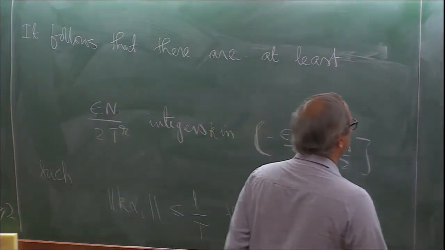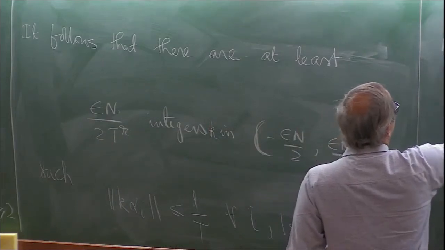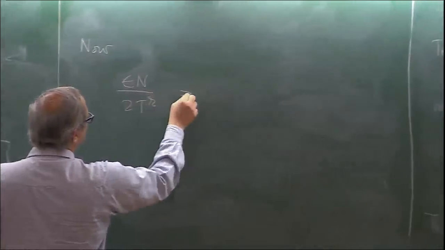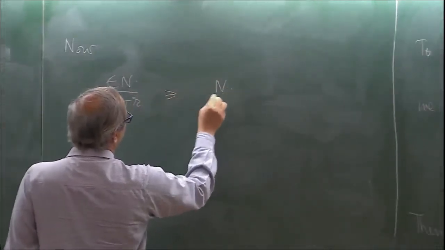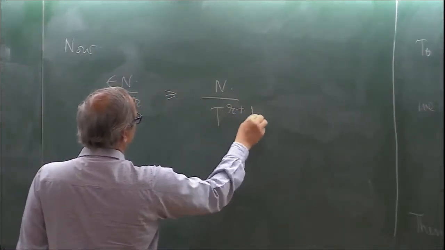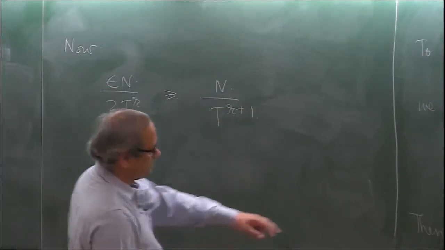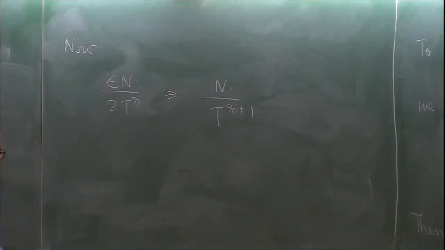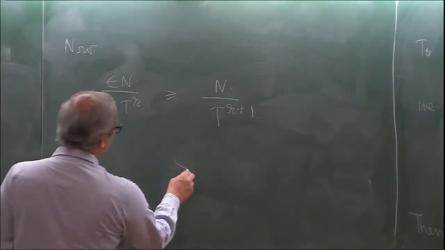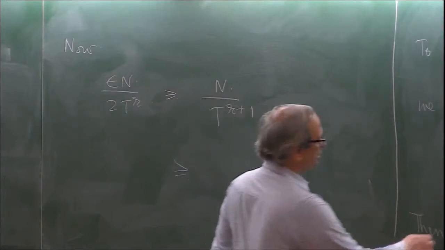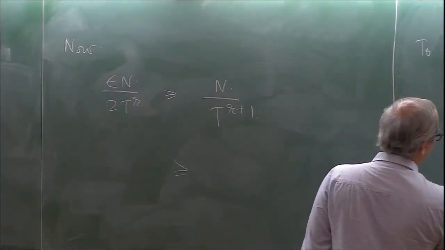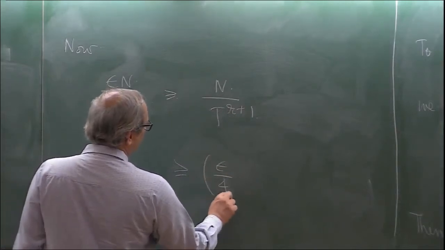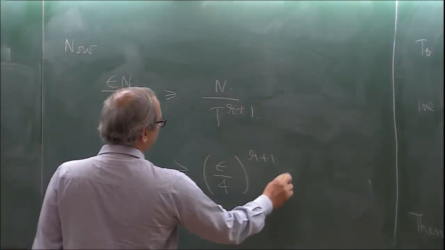So here you see that epsilon n by 2 t to the r is greater than or equal to n by t to the r plus 1, where t is this quantity here, and since this is less than or equal to 4 by epsilon, that is greater than or equal to epsilon by 4 to the power of r plus 1 times n.